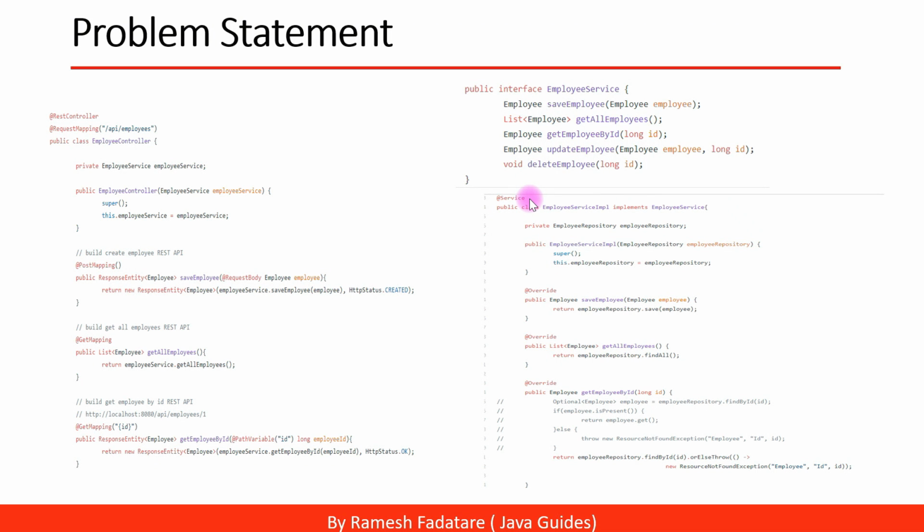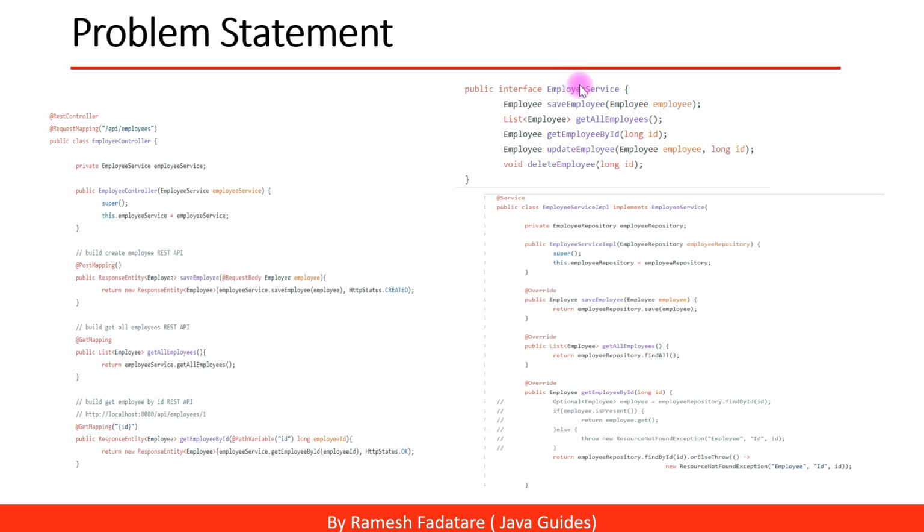Before diving deep into Spring Data REST, let's first understand what problem the Spring Data REST module solves. Okay, so in a typical Spring MVC project, we typically create a controller layer, service layer, and a DAO layer, right? And in the controller layer, let's say if we want to create REST endpoints for employee, then we need to create an employee controller, and then we develop REST endpoints for employee.